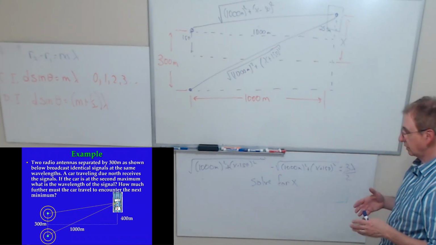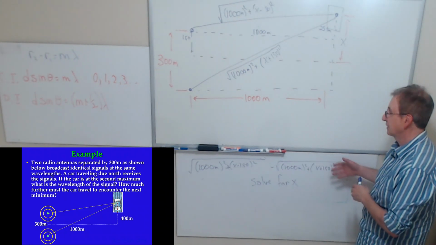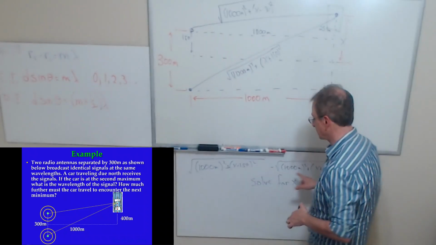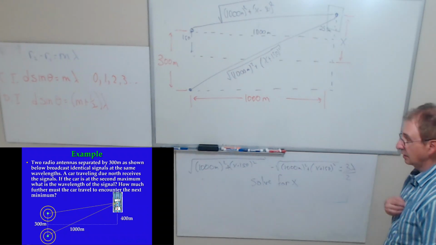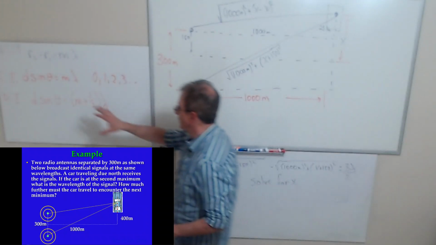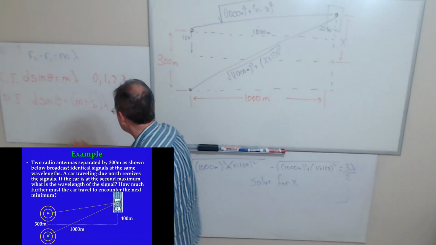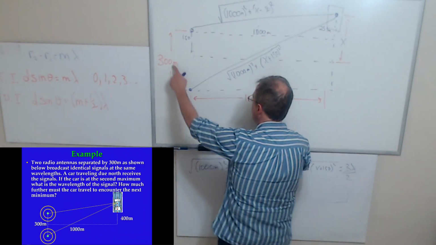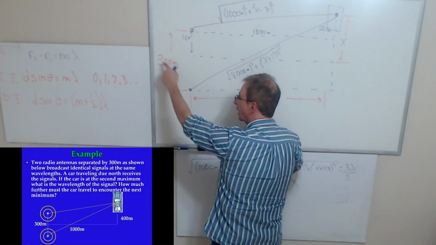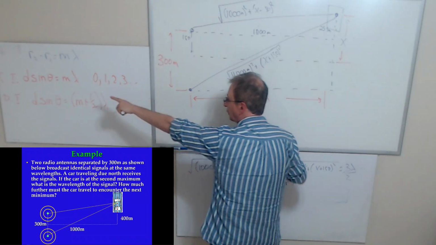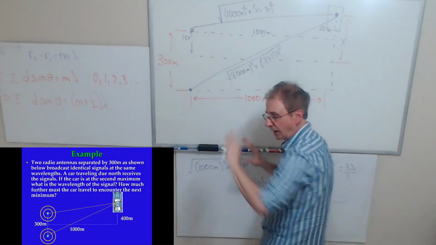I'm just showing you what happens when you don't make this approximation. The problem gets much more algebraically messy. We could not use this method, these equations here, because these two distances are comparable. Most of the problems you're going to be doing in the homework, they are way different, and so we can use that equation. The math is way easier.